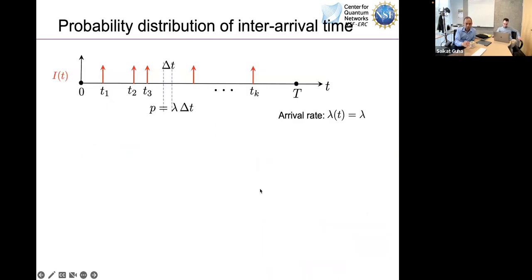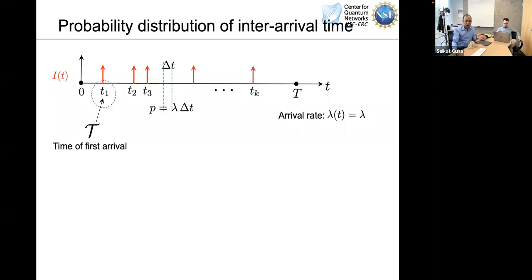So let's take a Poisson point process with a constant arrival rate. So lambda of t doesn't change, it's just a constant. And we will look at the probability distribution of when the first arrival occurs. So I'm starting to look at the Poisson point process at time t equal to 0. And I'm going to ask, at what point in time will my first click or first arrival occur?